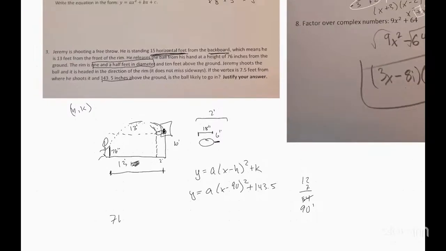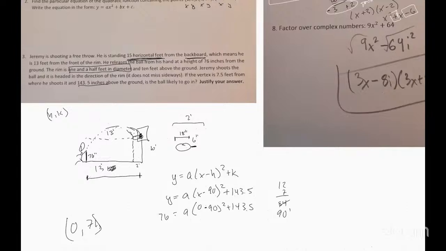So to find a, let's plug in 0 comma 76 and then solve for a. Did you do that already? I'm doing it right now. I'm going to do it on my calculator, which I wish you could see. 76 minus 143.5 divided by 90 squared. So a equals negative 0.0083, where only the 3 is repeating.